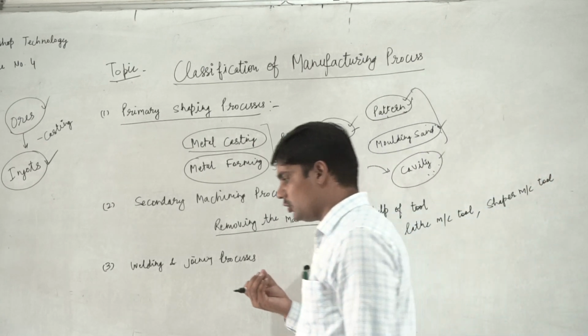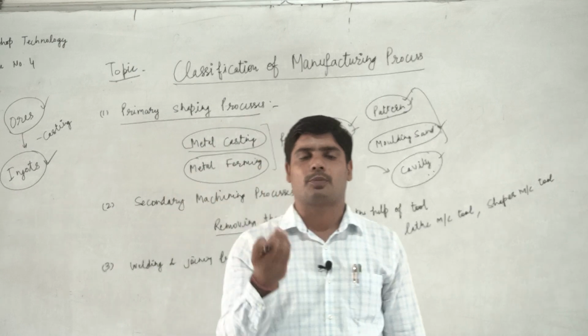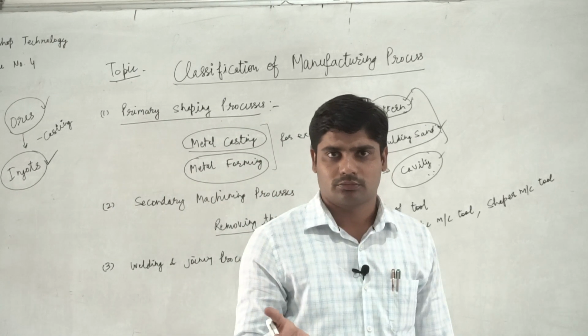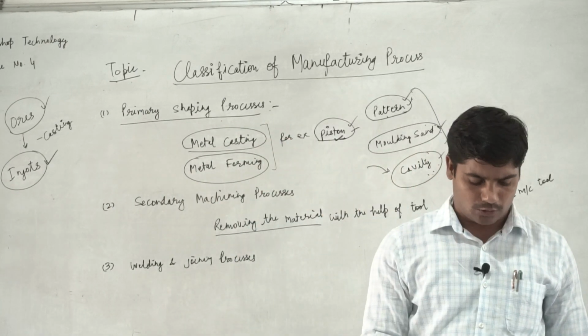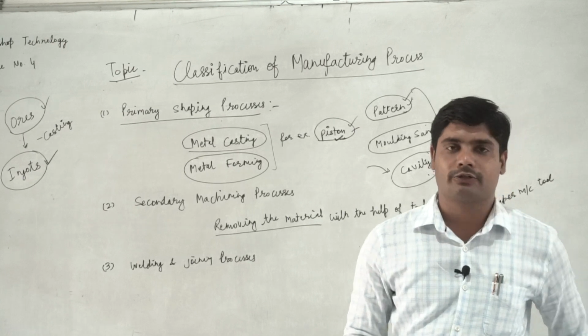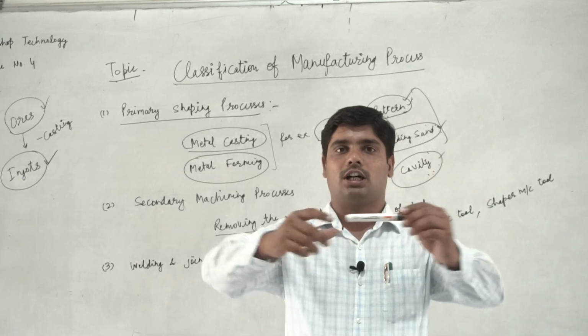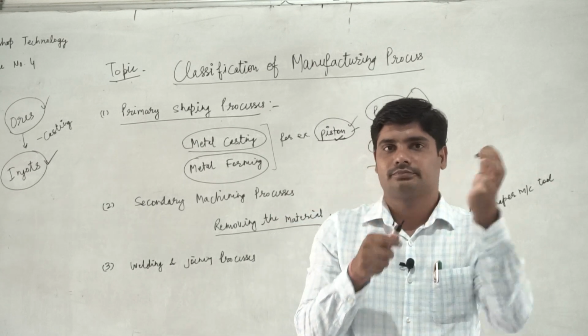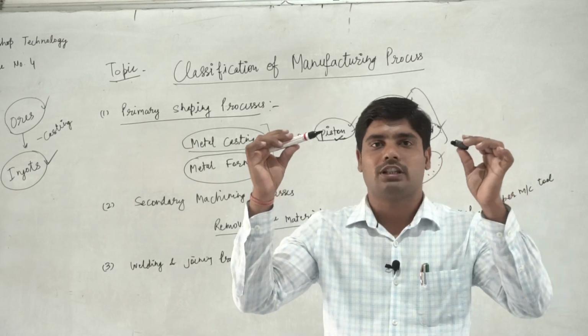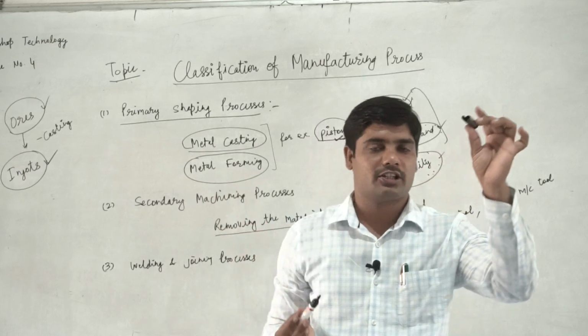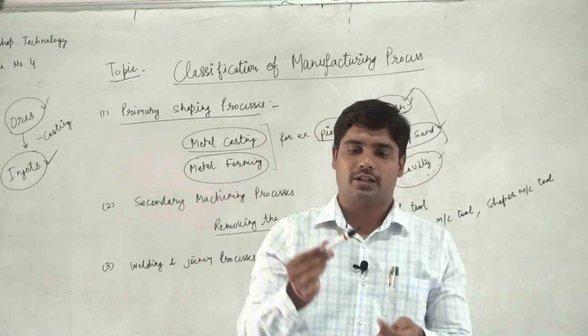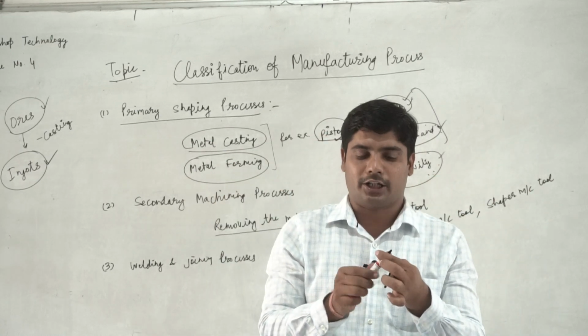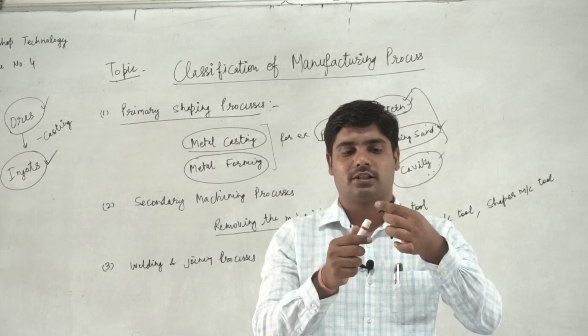If you have seen any product near you, take any product. Now I will give you the example of this marker. Now this is a single product, but it has a cap. Now they will become two parts. One is cap, one is body. But now again I can remove some further parts.